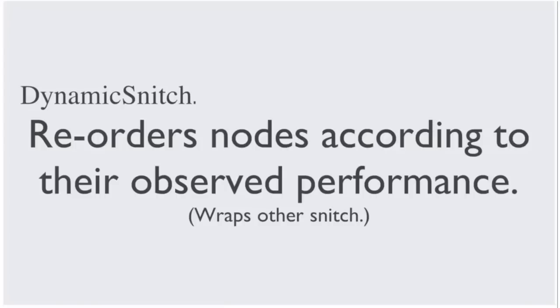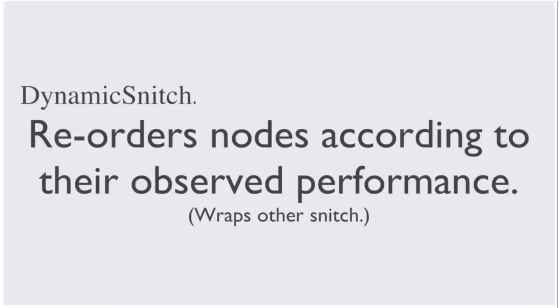The dynamic snitch runs on each node and it watches the request-reply traffic between nodes and develops an understanding of which nodes have the best performance from the point of view of the node that it's running on. We don't have a global server that looks at your entire cluster and develops a view of things from 30,000 feet.